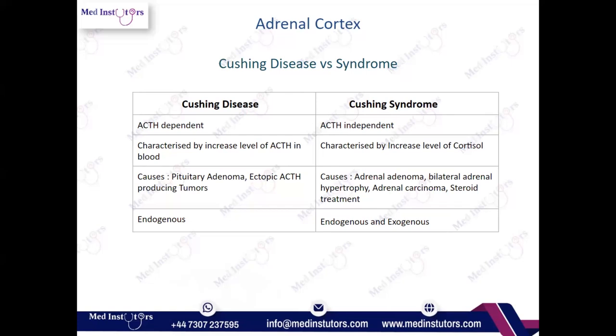If you had listened to me carefully, you would avoid the same mistakes people make in the exam. So always make sure: are they asking about the disease or the syndrome, and then go and choose your answer. If they ask you about Cushing disease, that means it is something related to the pituitary gland rather than the rest of the pathologies. If they ask you about Cushing syndrome, then the answer is exogenous steroid treatment.